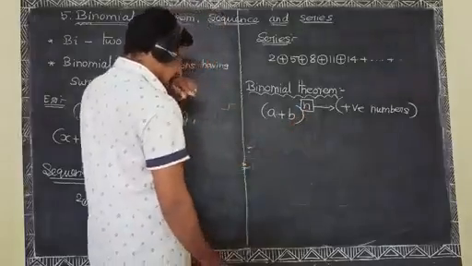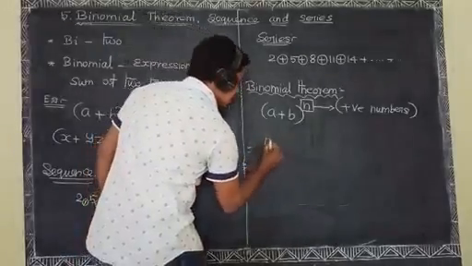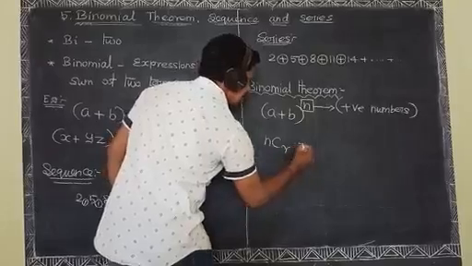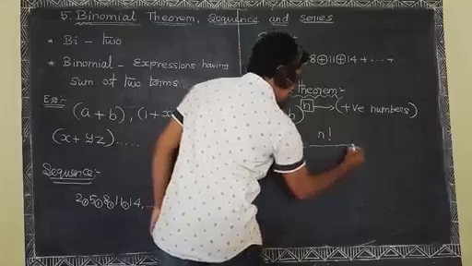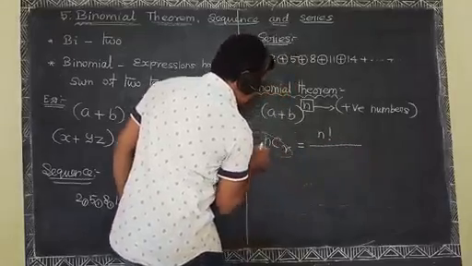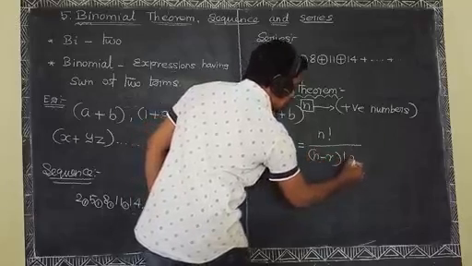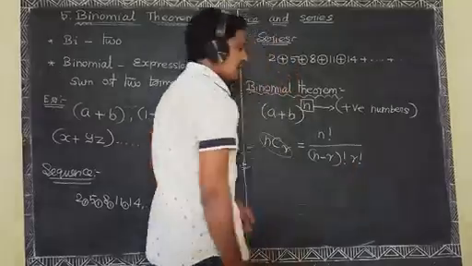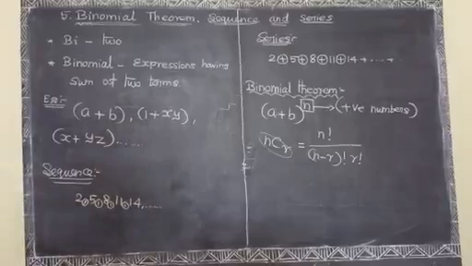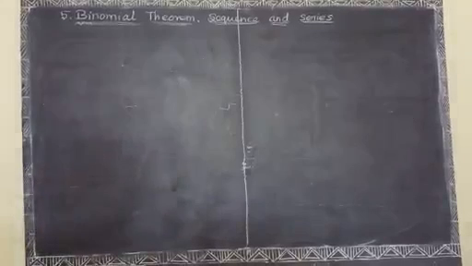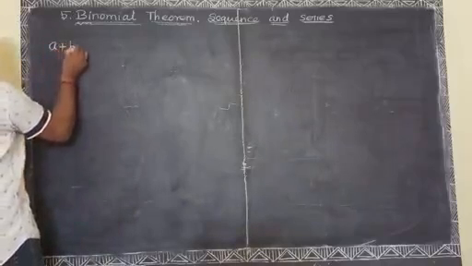Already we have learned nCr, which is equal to n factorial divided by n minus r factorial into r factorial. Now expanding a plus b the whole power n.